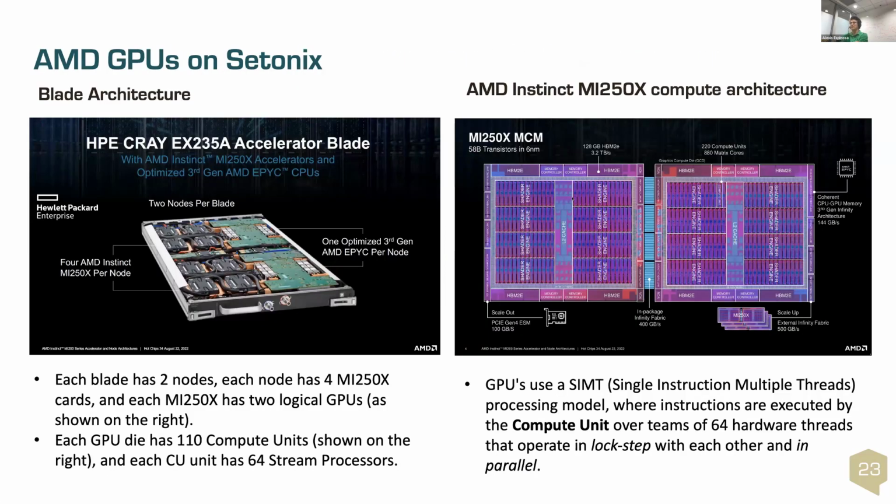In terms of the GPUs, this is a blade. So for the GPUs, each blade has only 2 nodes instead of 4.